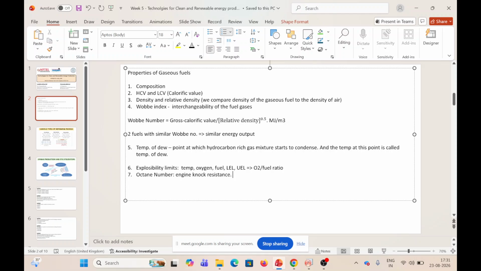So just find out which is the better fuel: A, fuel having high octane number, or B, fuel having lower octane number.